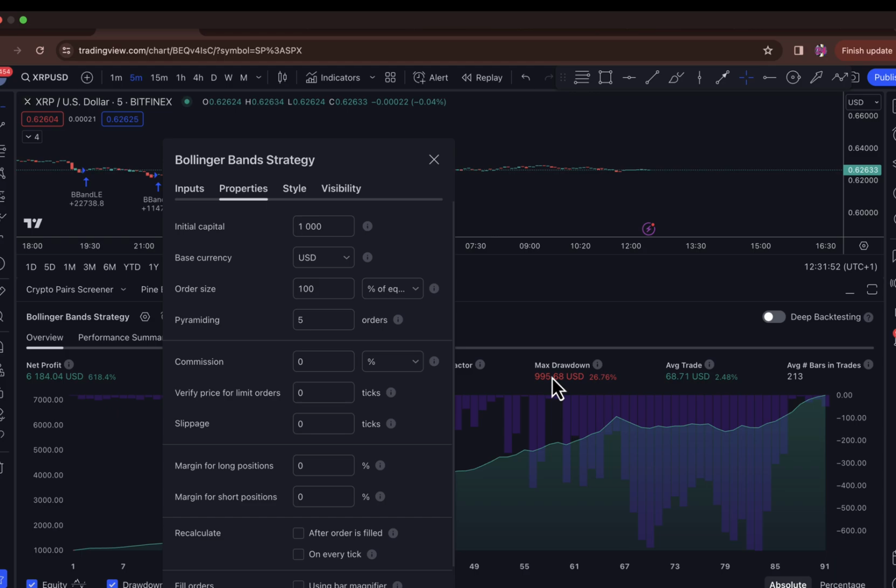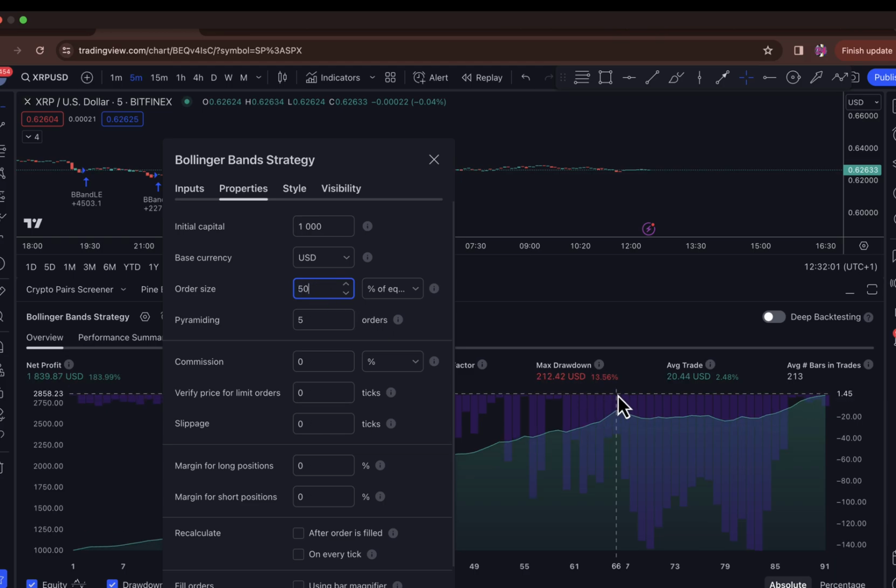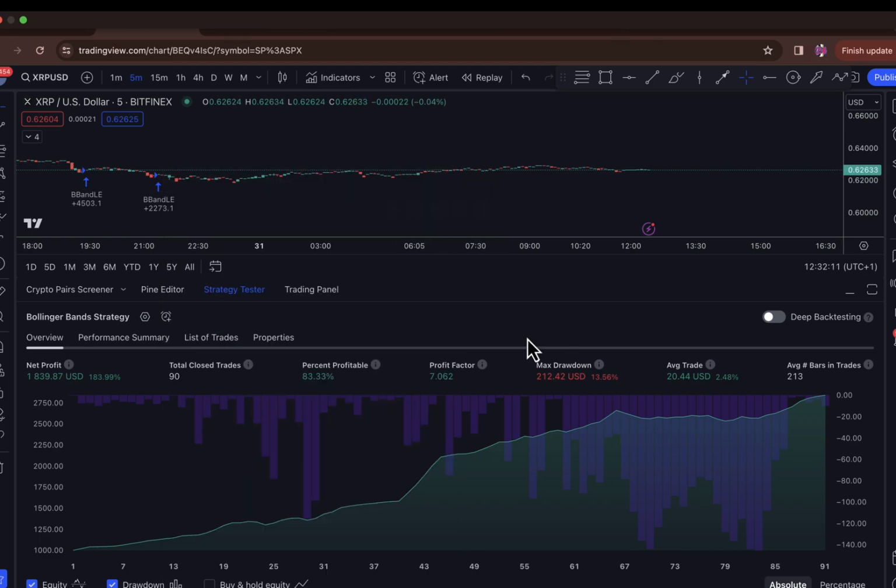That's actually close to my initial capital. So if I risk 50% of my equity, my drawdown comes back to $212. That's 13% being risked for my drawdown on this strategy. So personally, I'll keep you on this level, 30% risk, and that should be fine.